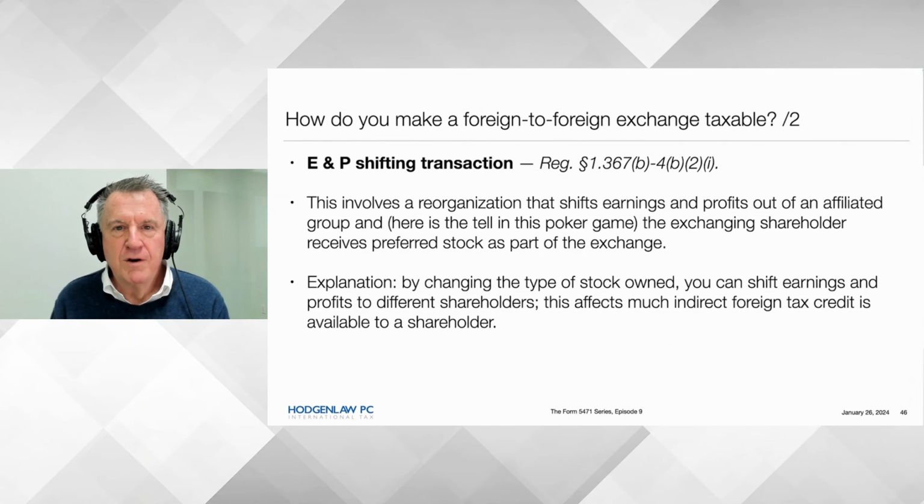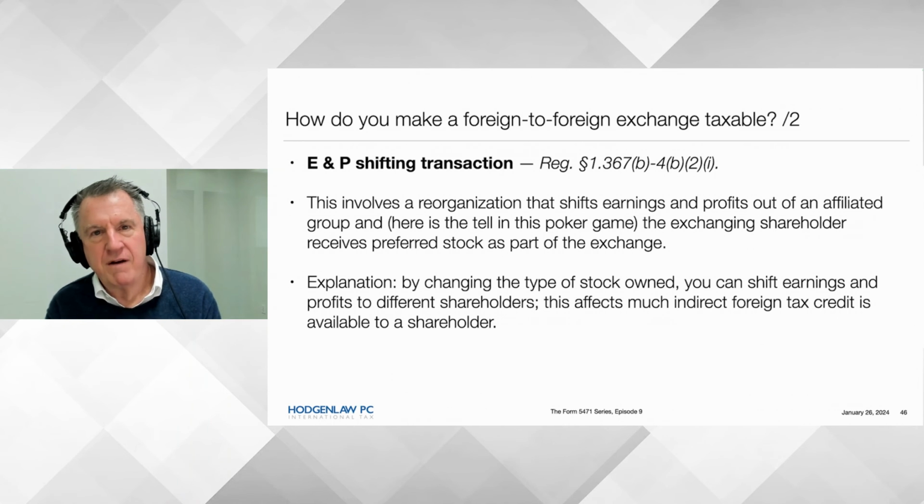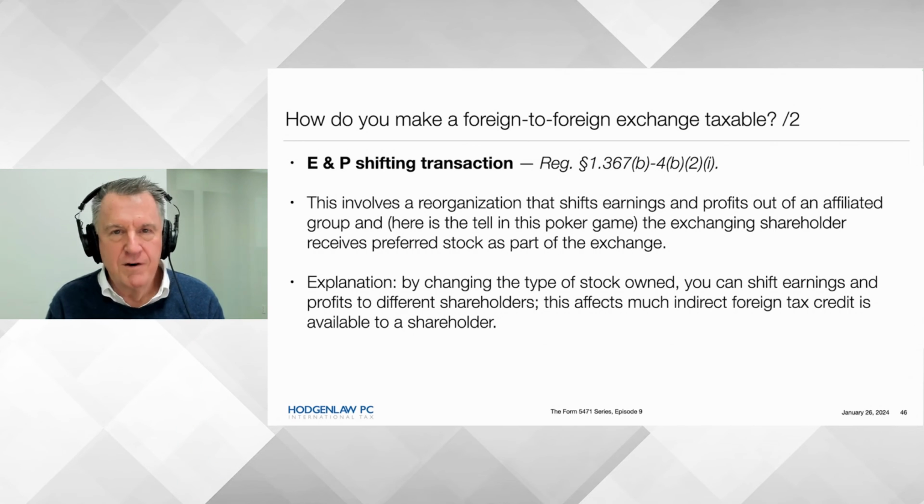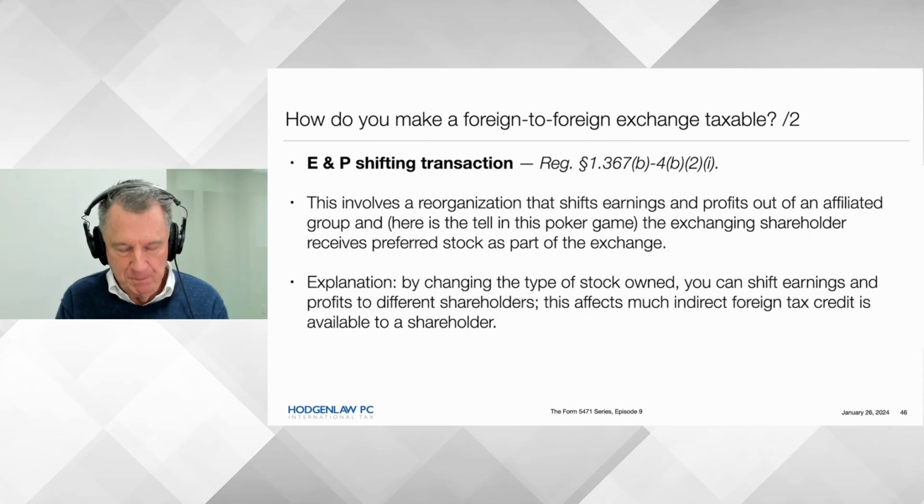And the amount of indirect foreign tax credit that you can take is a function of how much income inclusion you have. And so people will play fun and games with the capital structure of a corporation to try and shove E&P artificially in one direction or another. And this specific exception is no can do.